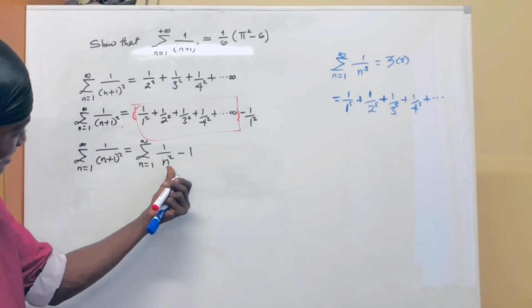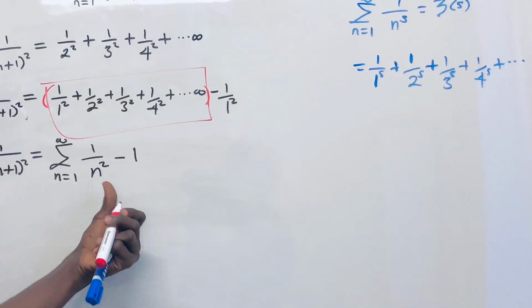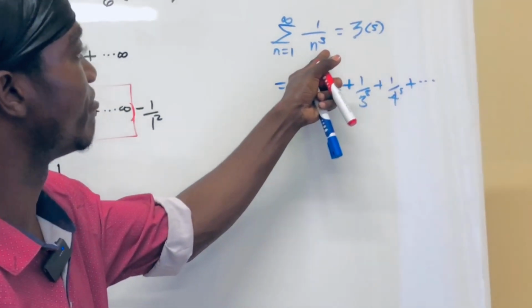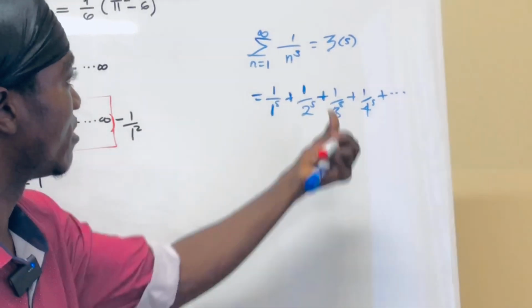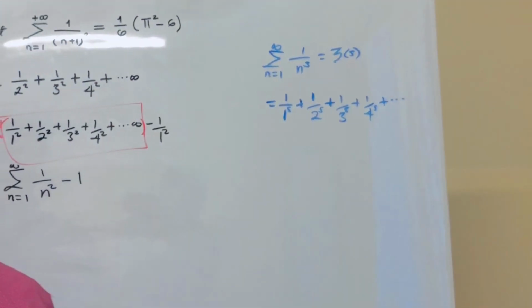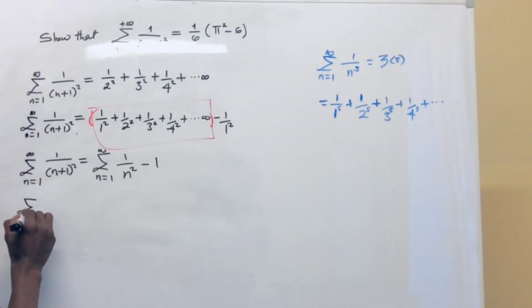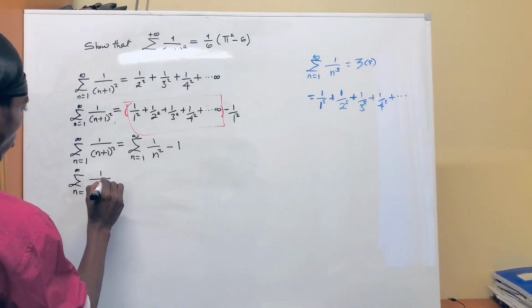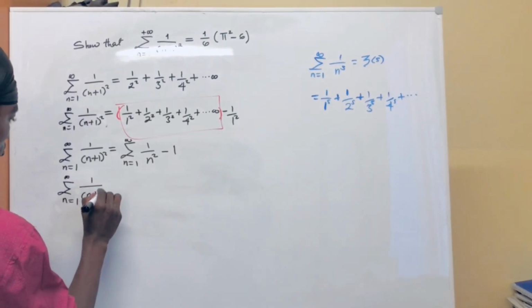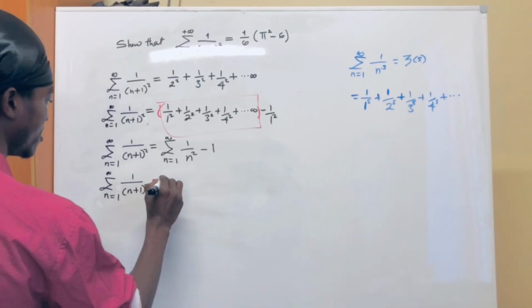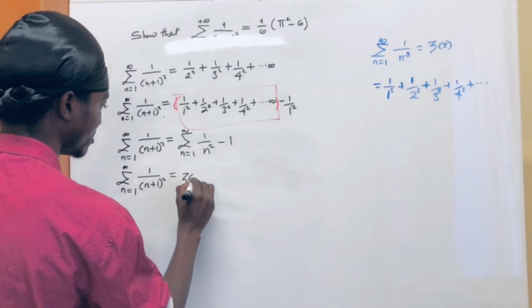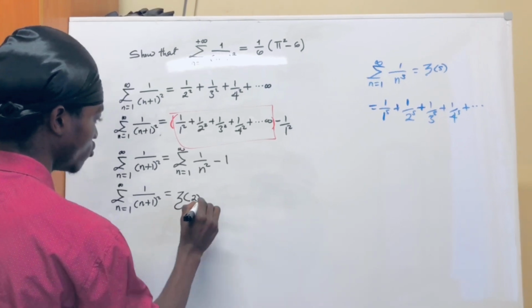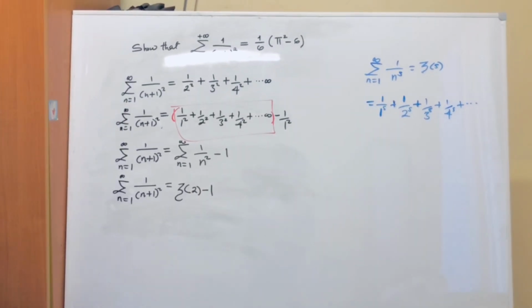So if you look at this, this is exactly the Riemann zeta evaluated at what? 2. In place of s, we have 2. So the sum from n equals 1 to infinity of 1 over (n plus 1) squared is equal to zeta of 2 minus 1.